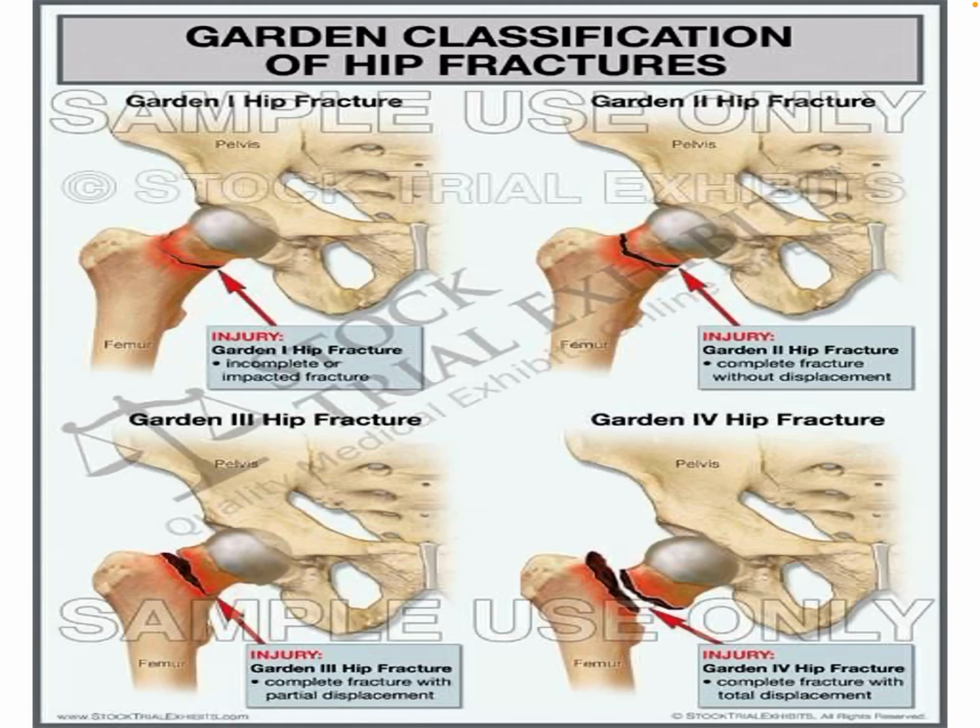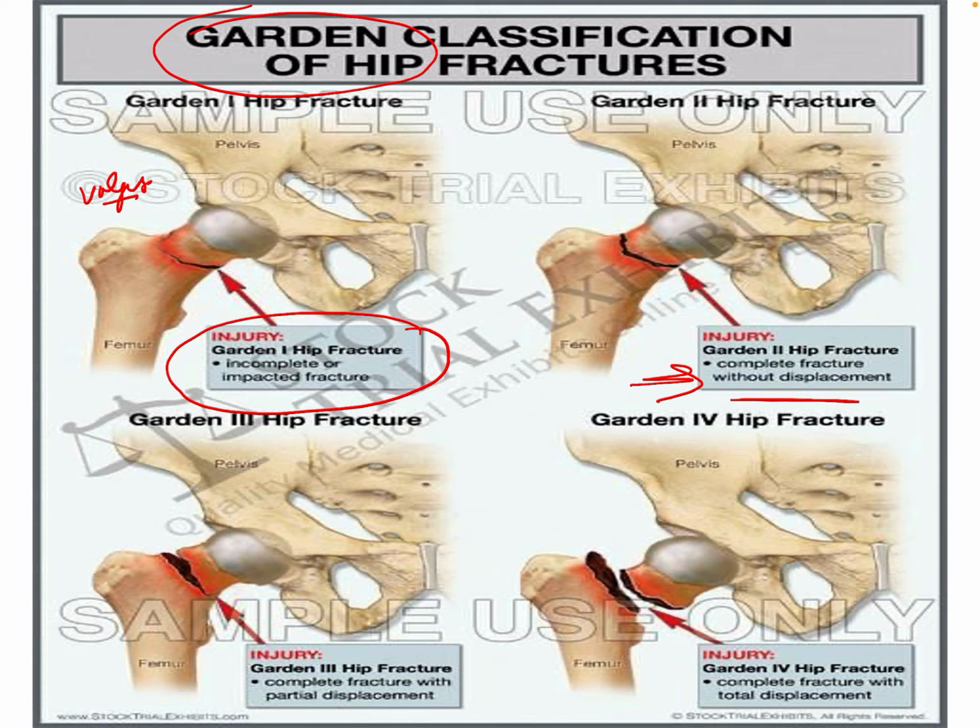Third is the Garden hip fracture classification. It has four types. In type 1 we have the incomplete or impacted fracture. Here it is a valgus impacted fracture, as the fracture is impacted in the valgus position, and it is an incomplete fracture. In type 2 it is a complete fracture but there is no displacement.